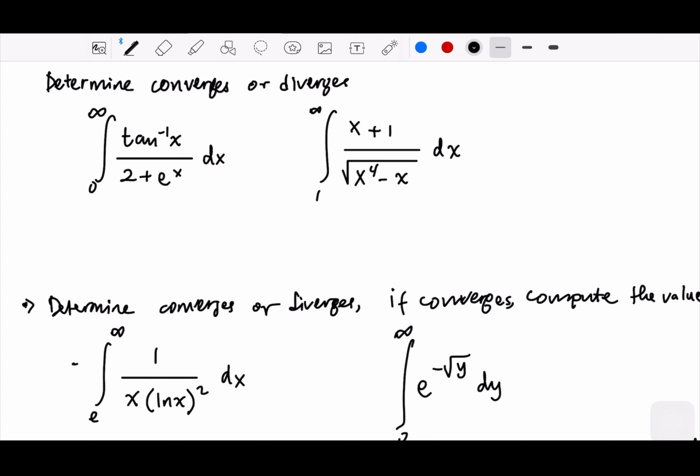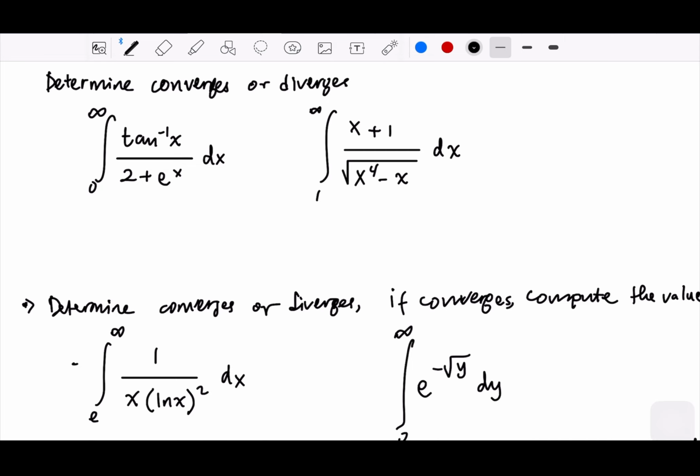It's always below 2. So we could just say that tangent inverse of x will always be less than 2. We can write that into our other functions, that it is always less than 2 over that.